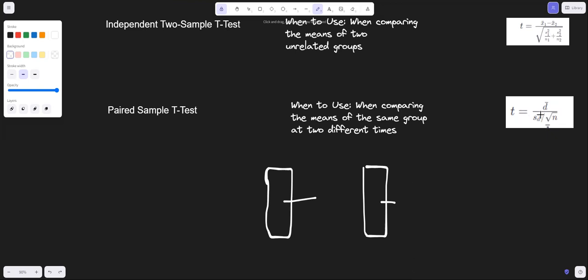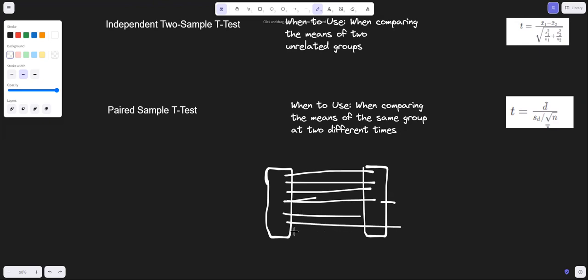Now, to understand the formula, d is basically the differences.